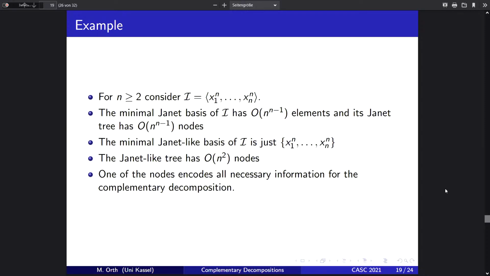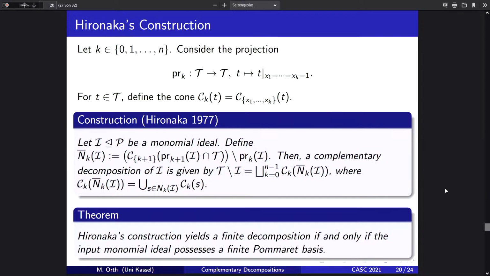And the Janet-like tree has a number of nodes which grows polynomially with n, and what is more, even only one of the nodes here in this example encodes all necessary information for the complementary decomposition. So it's a huge improvement in examples such as this.